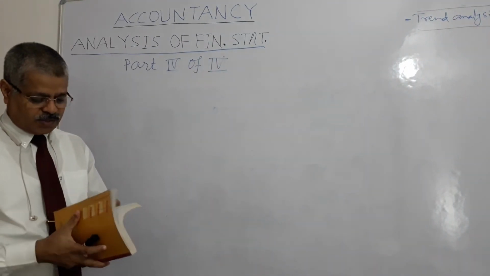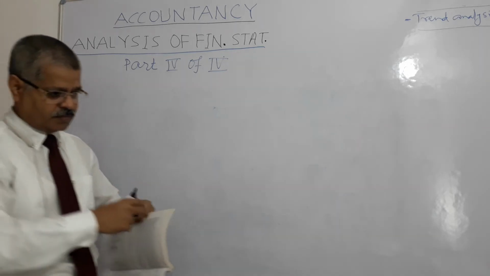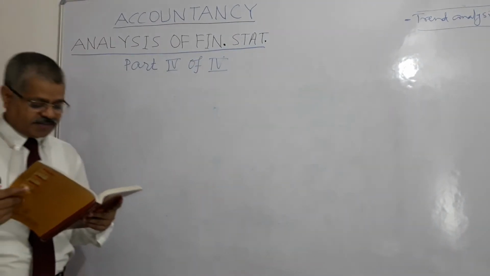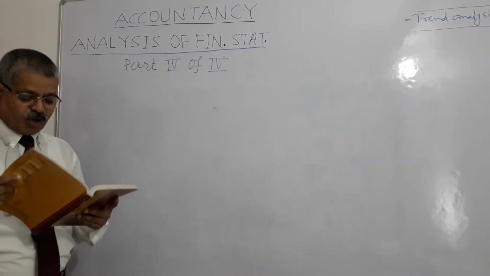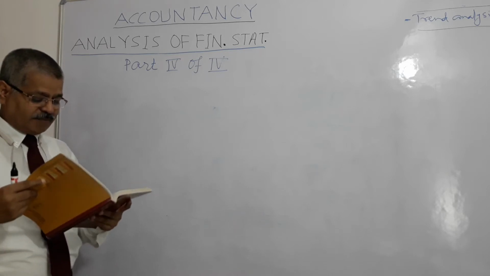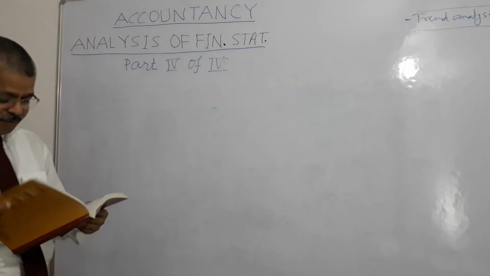So let's go to the first sum. It says: calculate the trend percentages from the following figures of sales, stock and profit of X Limited, taking 2010 as the base year, and interpret them.